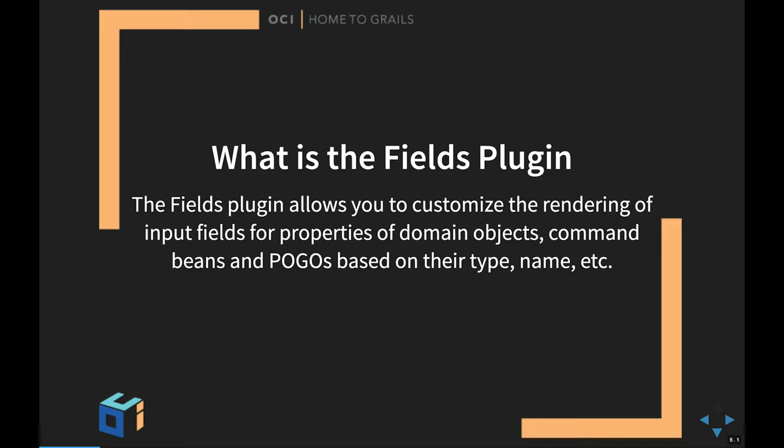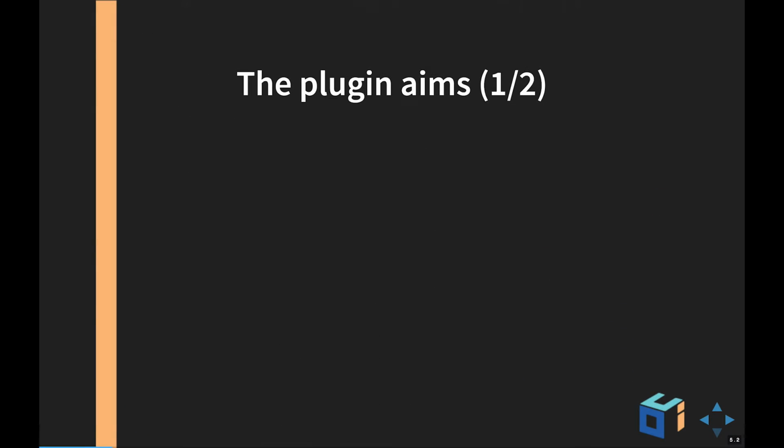So it's very fine-grained, and it allows you to modify either a single field in a single bean or have a generalized string render for string input fields, for example. But we'll get back to that in a little bit.